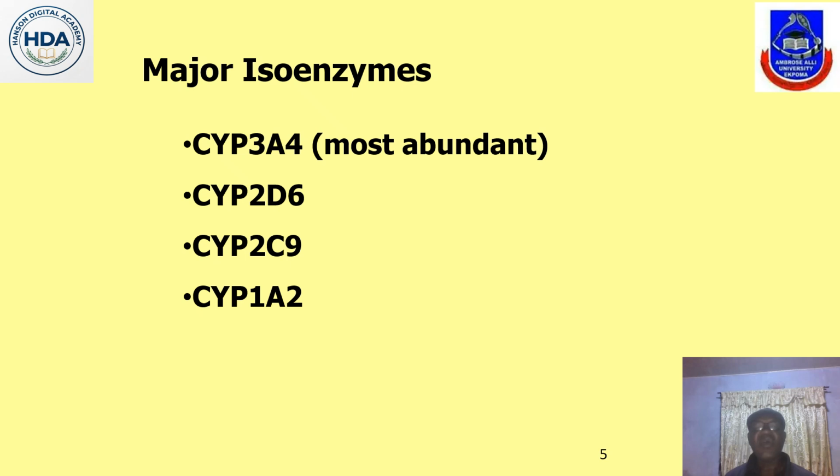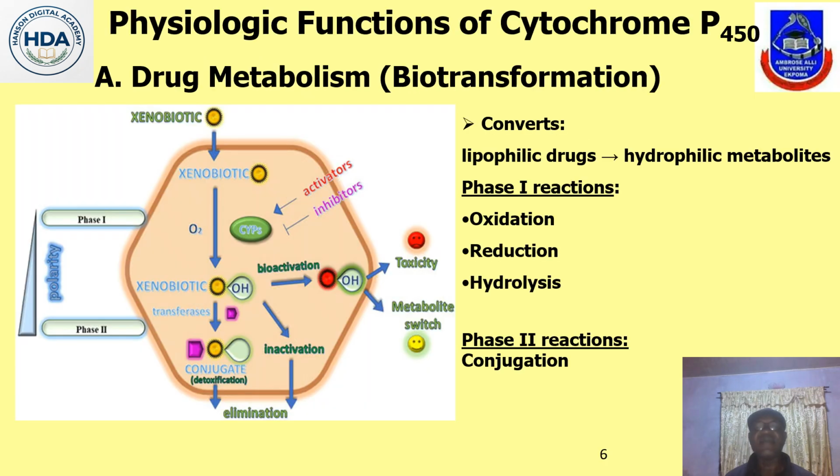The major isoenzymes include the following: CYP3A4, CYP2D6, CYP2C9, CYP1A2, with CYP3A4 being the most abundant of the enzymes.